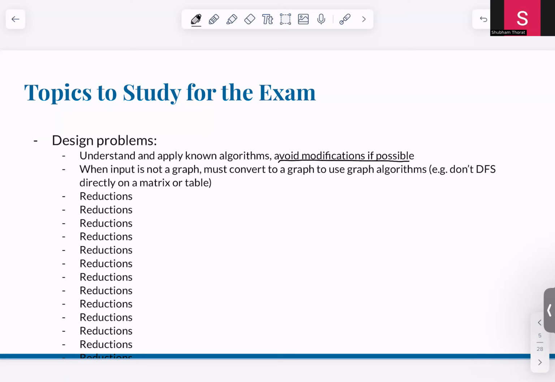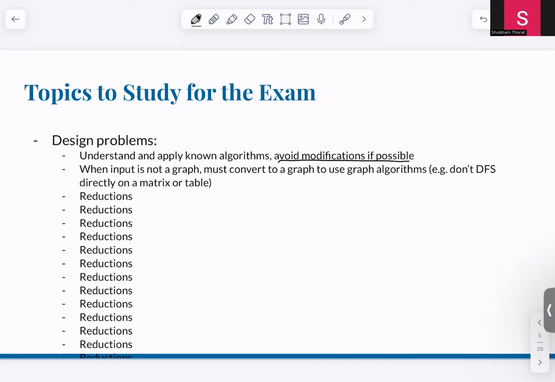In a reduction, we create a new graph that captures all the properties, and then we run some known algorithm that we have already covered. Also, if you are running a graph algorithm, always make sure that you create a graph first and then run the algorithm.